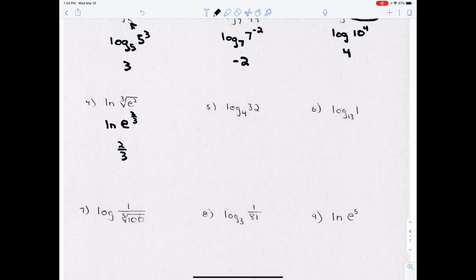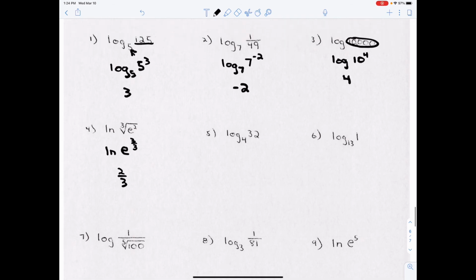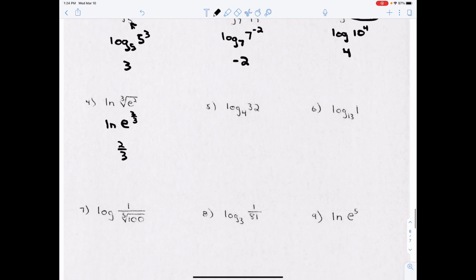Now here's the difficulty: I can't write 32 with a base of 4. Now is when you change the form. Notice in all these, I didn't need to change the form. But here, you think of it as equal to x, and you have 4 to the x equals 32. And what good does that do you? Now you can change both bases.